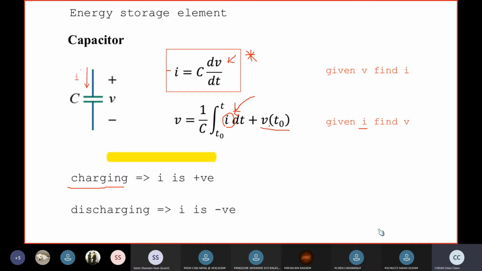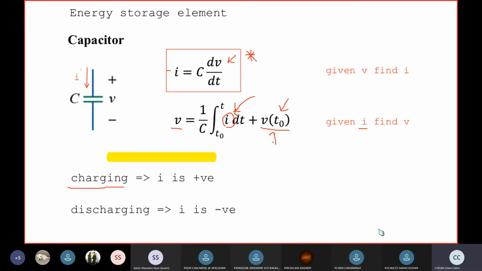Say your handphone is at 20%, you charge it up, then you will start from 20%, you will not start from 0. Of course, if your handphone's battery is fully flat, then you start from 0. So this is quite easy to understand. When you have a certain voltage initially there, you should put it in.